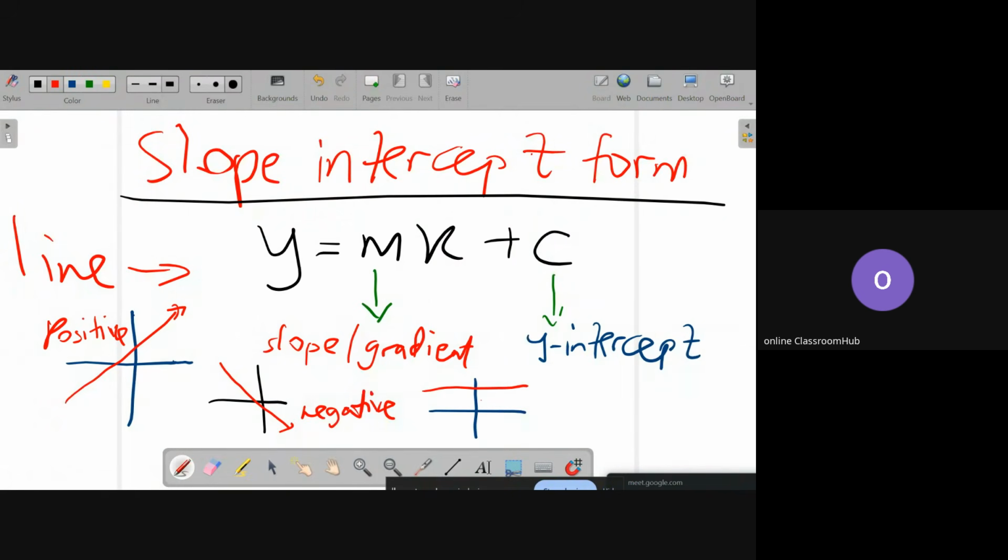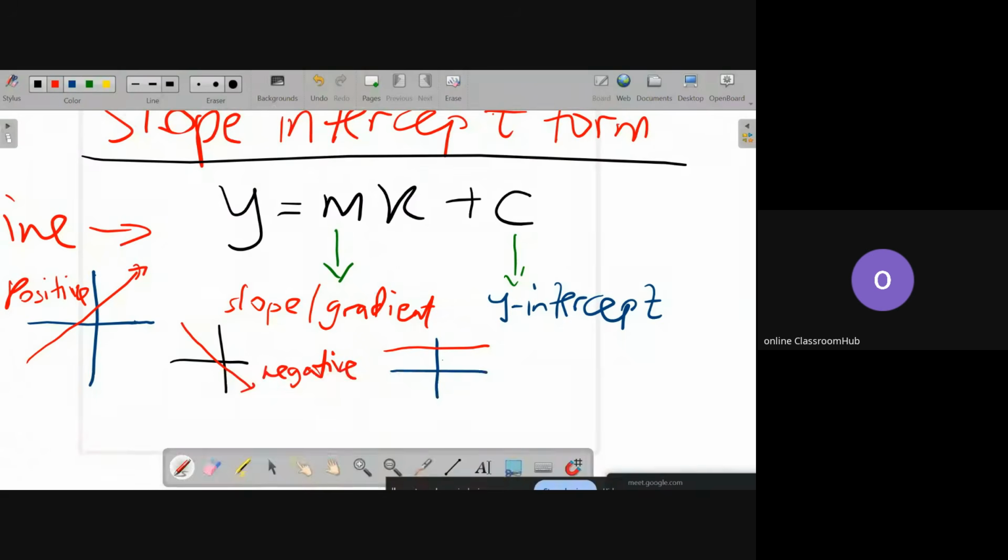So now let's take some examples. And also another thing before we take an example: we know that the slope, the gradient, is change in y over change in x. This is what you know in GHS.